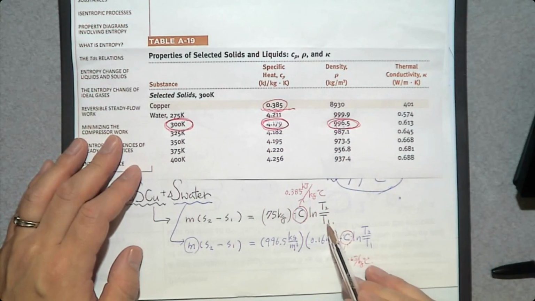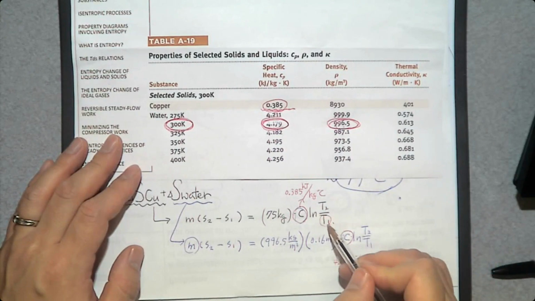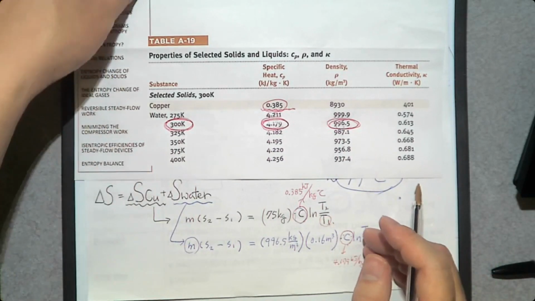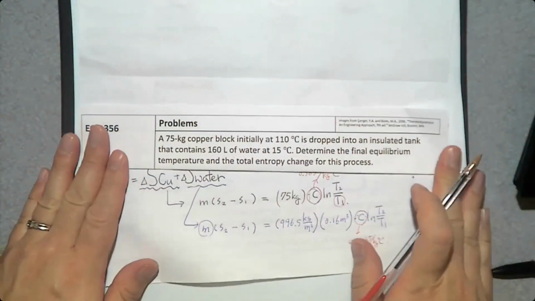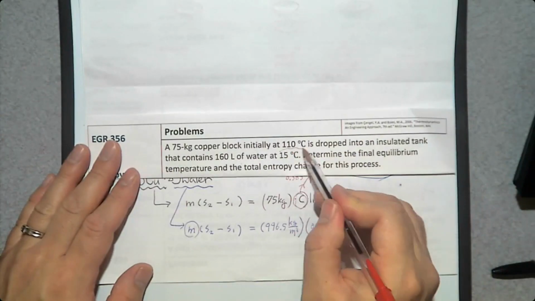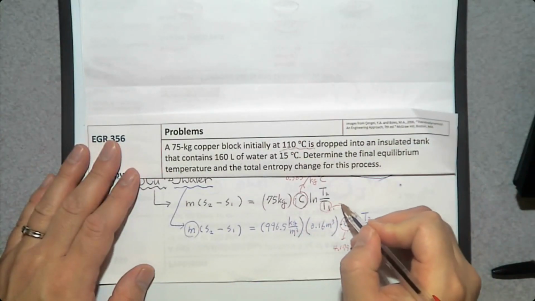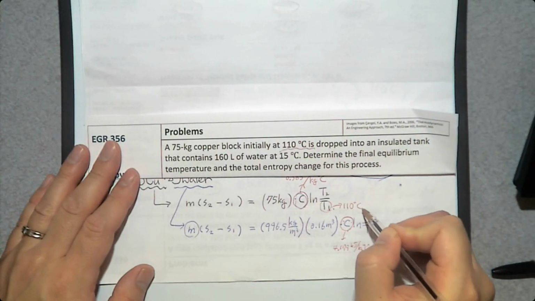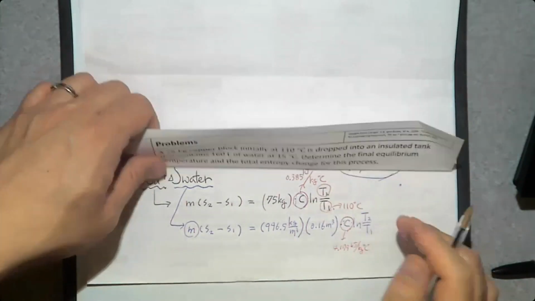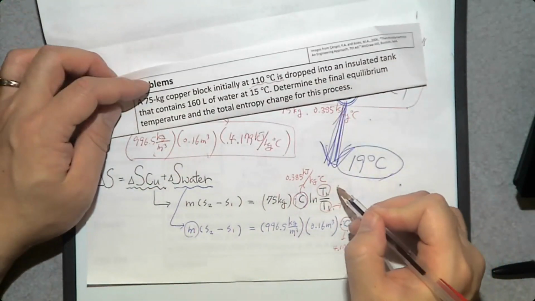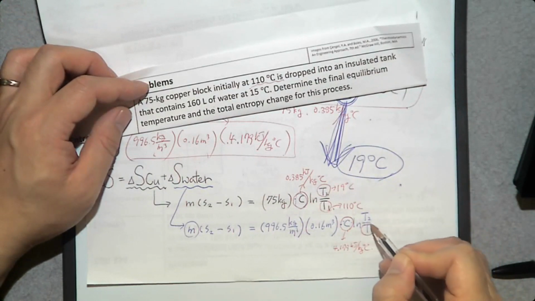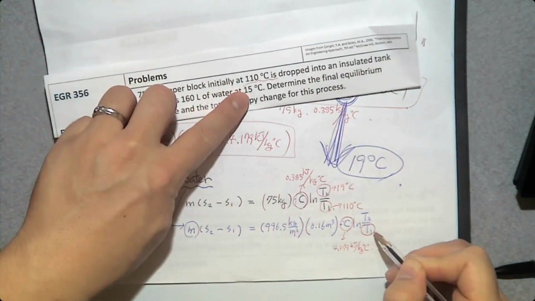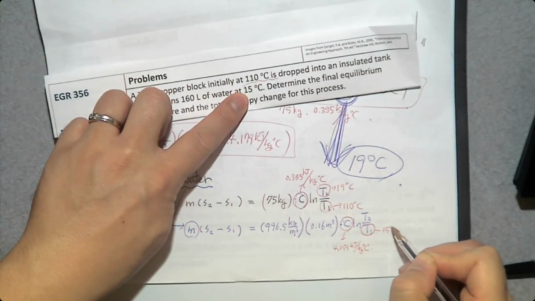What about T2 over T1? T1 is the initial temperature of the system. So what is the initial temperature of this copper? 110. So this one is 110 degrees Celsius. What is the final temperature? 19. So this T2 is 19 degrees Celsius. What about the initial temperature of water? 15 degrees Celsius.